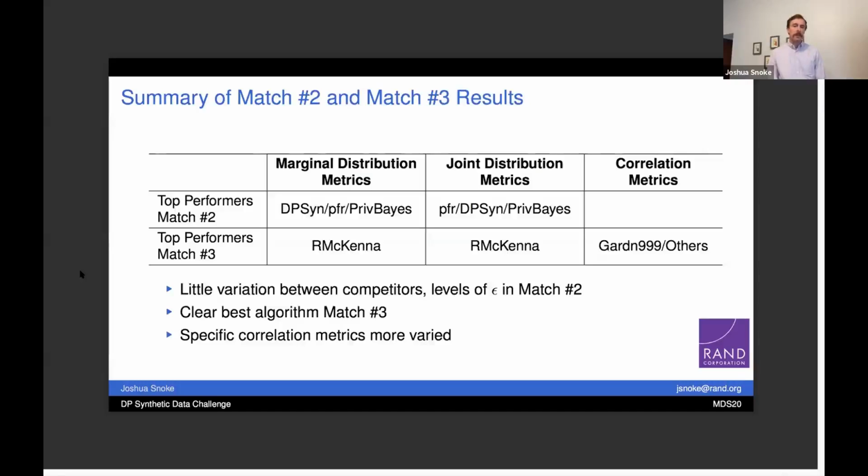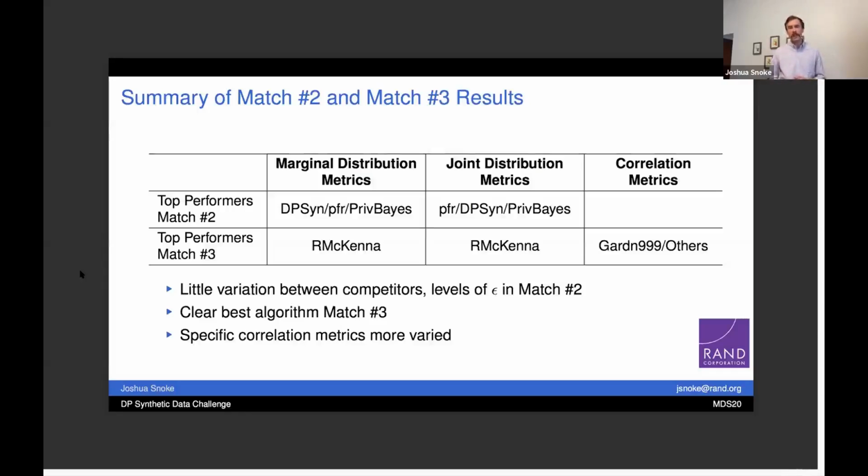The top performers were pretty similar between the two, but there was no real clear winner. I'll note that PFR was the one who actually won the NIST Match 2 challenge, but when looking at the broader suite of metrics, we found that DPSyn and Priv-Bayes were also relatively comparable across the full range of metrics.